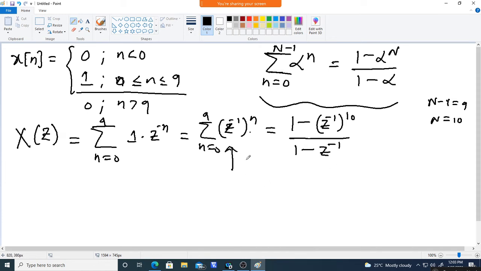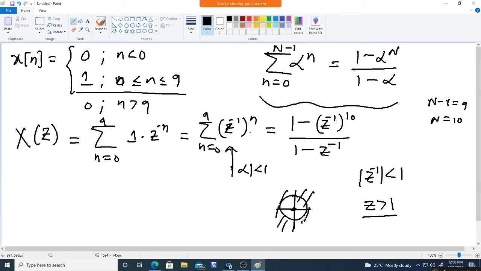Here also alpha should be less than 1. Since Z inverse is less than 1, Z should be greater than 1. So except Z equal to 0, Z greater than 1 will be the ROC. Got it?